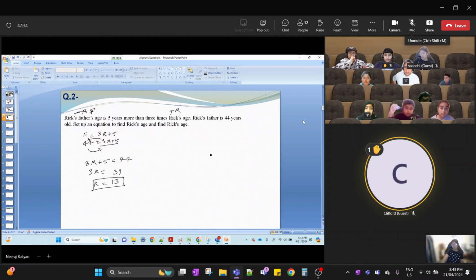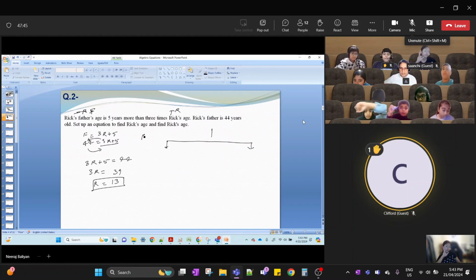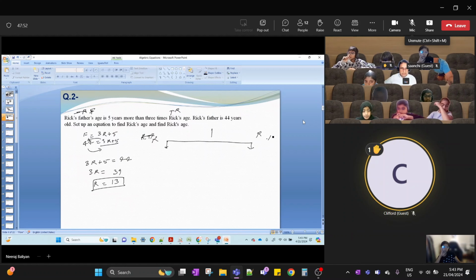Another way, in a simple form, if you want to do this, you try to draw a tree chart. On one side you have Rick's father, and on another side you have Rick. Let us say Rick is here and Rick's father is on the right side. What this is saying is Rick's father's age is 5 years more than 3 times Rick's age.